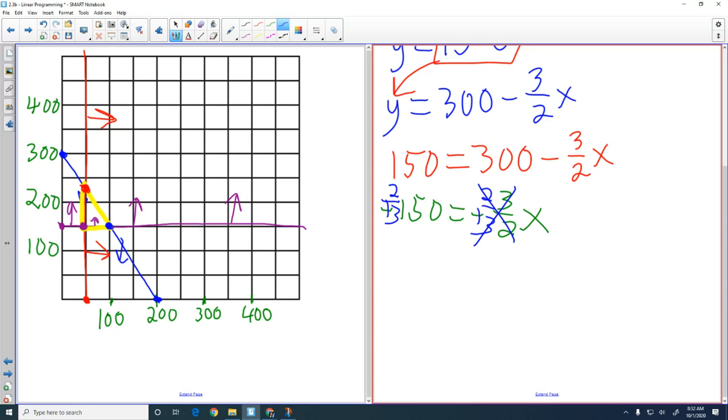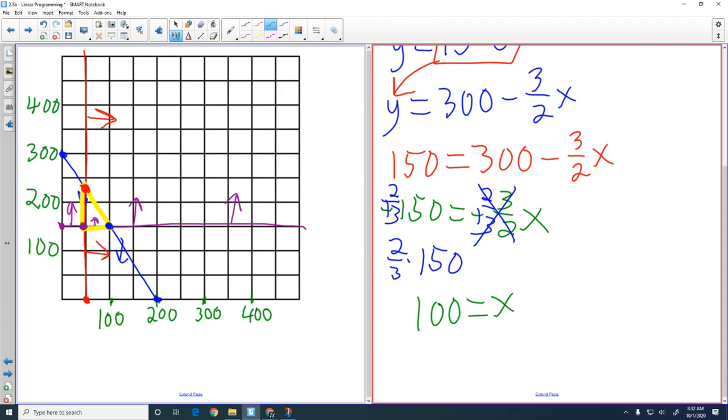And then on the left, we have 2/3 times 150. And this is actually a pretty nice calculation, because what is 2 times 150? And what's 300 divided by 3? It's 100. So then we get 100 for x.